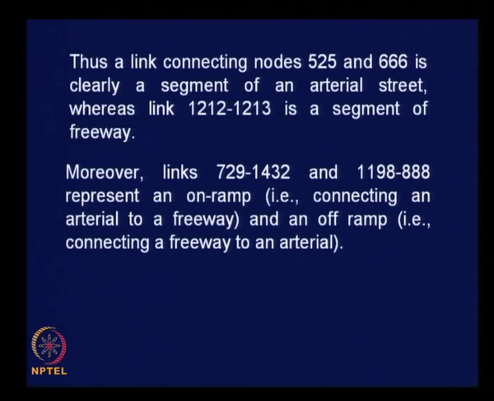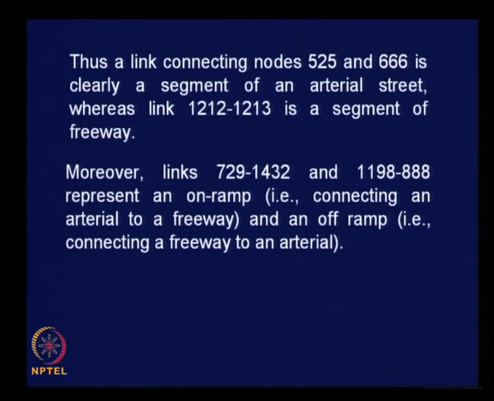So when you try to connect an arterial to an expressway, there needs to be a ramp connection from ground level to a higher level. Clear? So that is how you must understand the numbers given here. 729 1432 means from arterial to expressway.